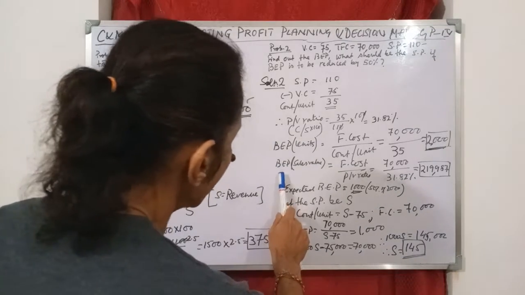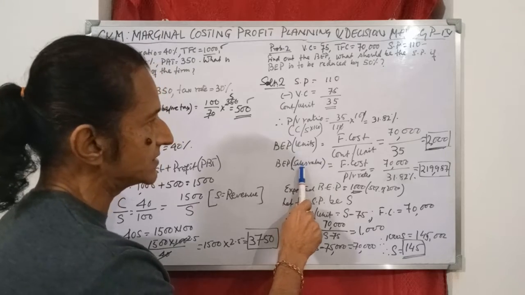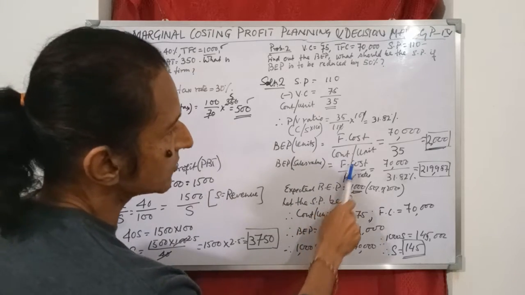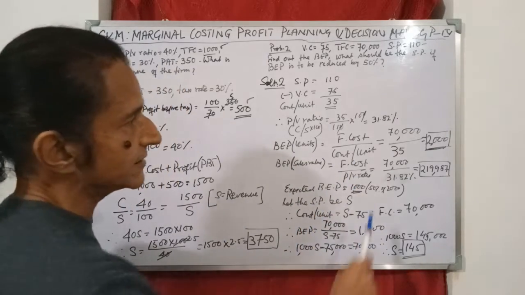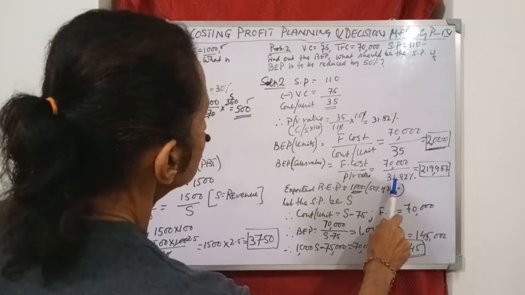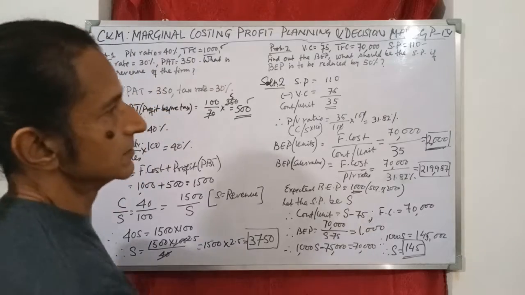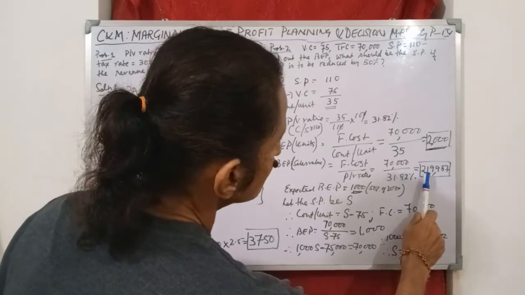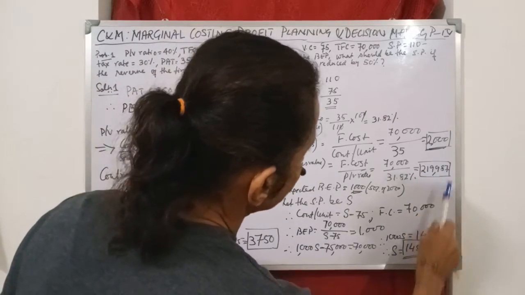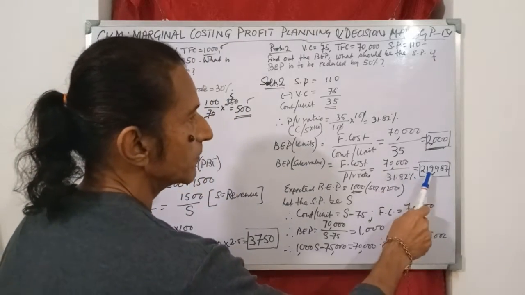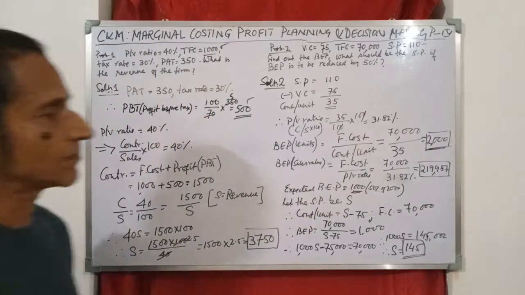And BEP, break-even point in sales value, that is in dollar value, is equal to fixed cost by PV ratio, that is 70,000 divided by 31.82%. So we get 219,987. This is the money value of sales.